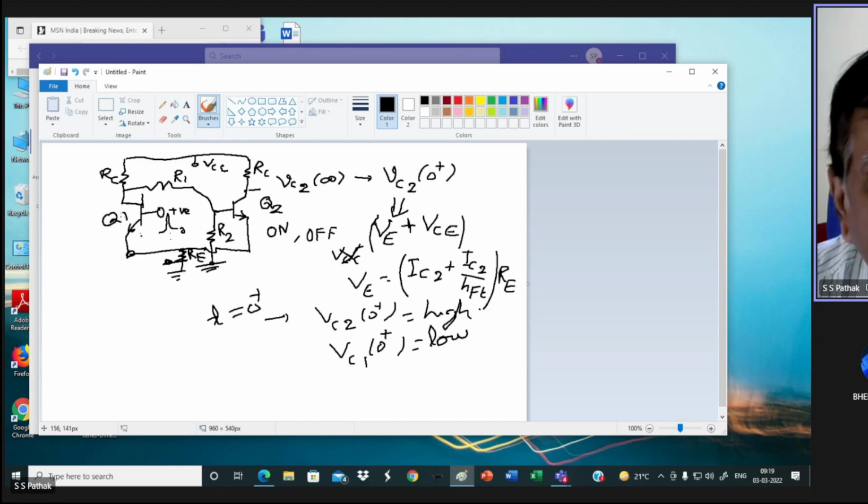When this has become on, this current increases, this voltage decreases, that is fine. When the second trigger is applied, this has to be applied as a negative trigger in that case. This will become off once again, and when this becomes off, accordingly this will become on. So positive and negative trigger has to come at this point.